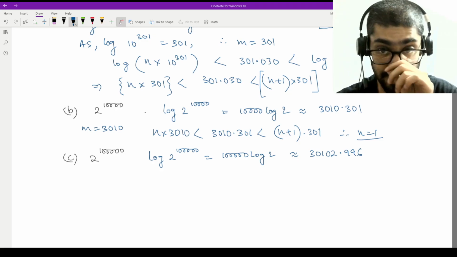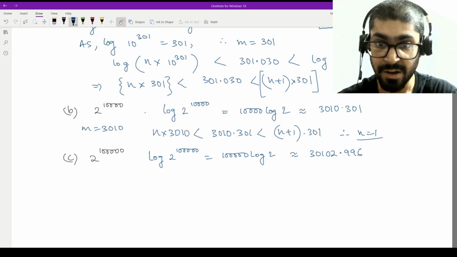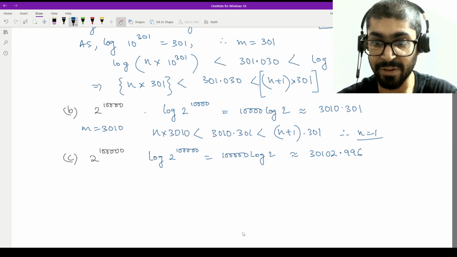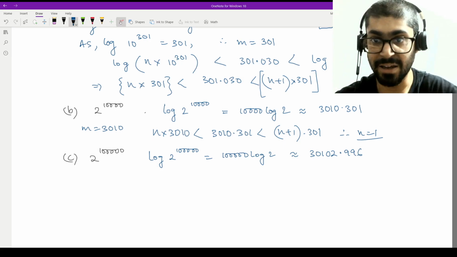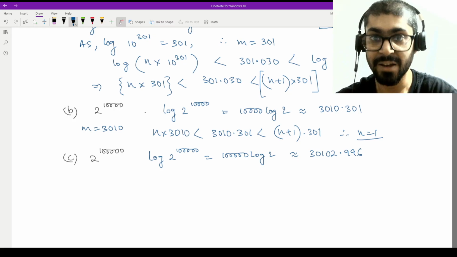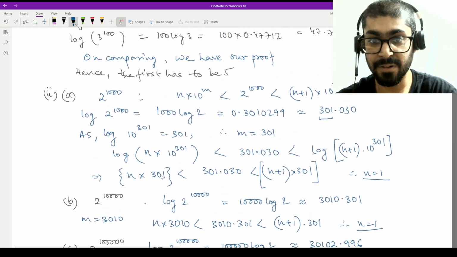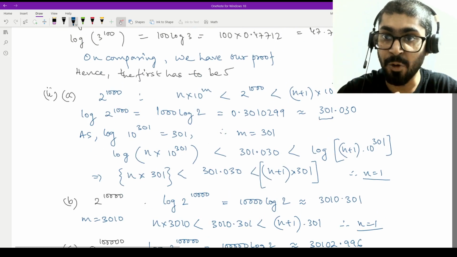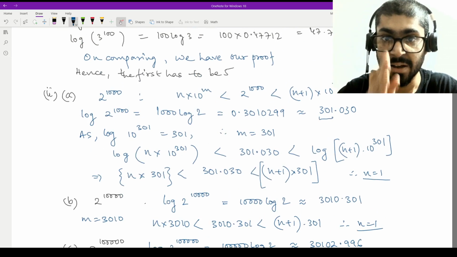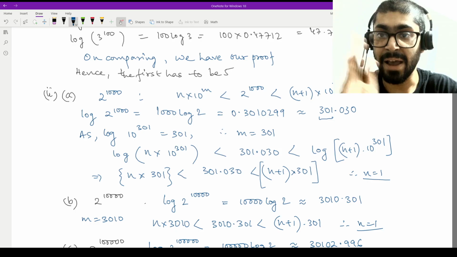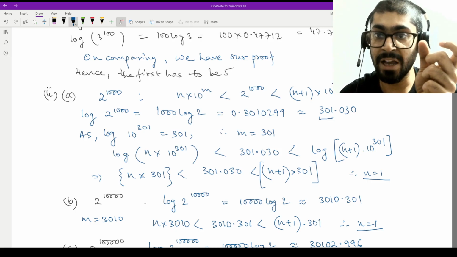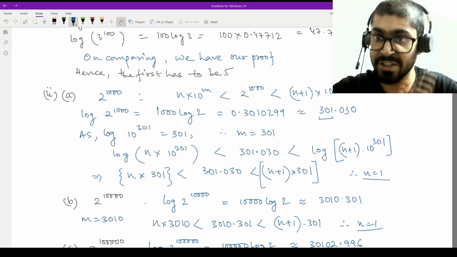In the previous two numbers, I was getting values in the same range, between 1 into 10 to the power 301 and 2 into 10 to the power 301.